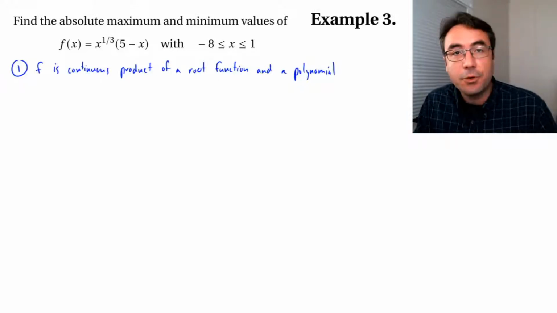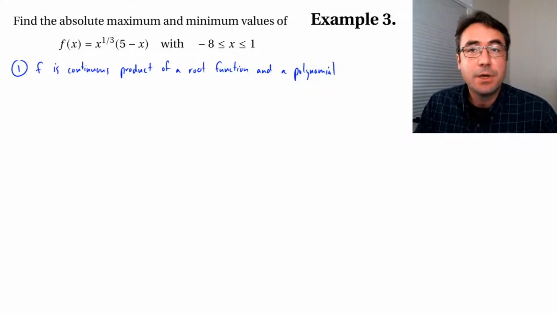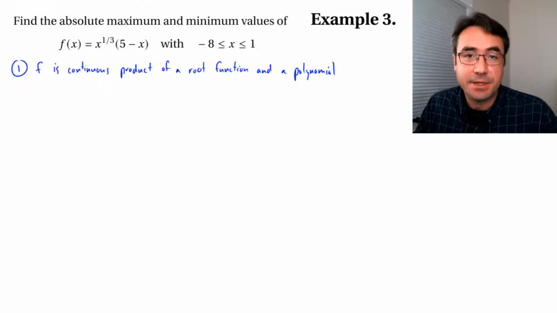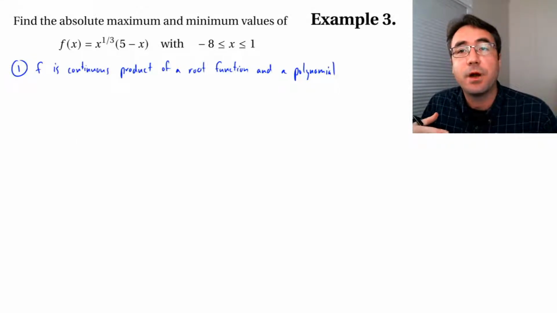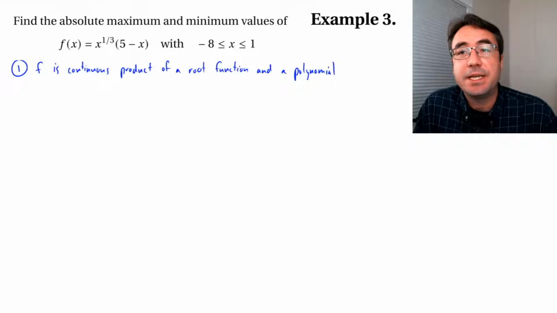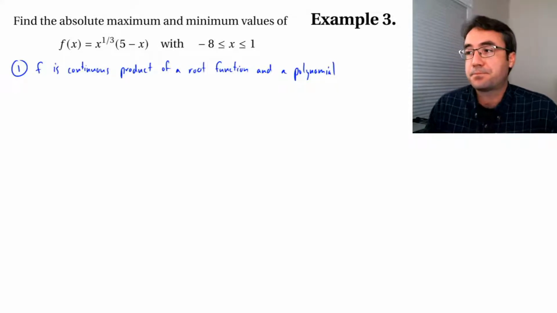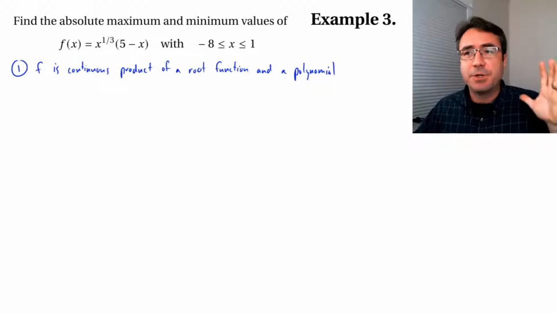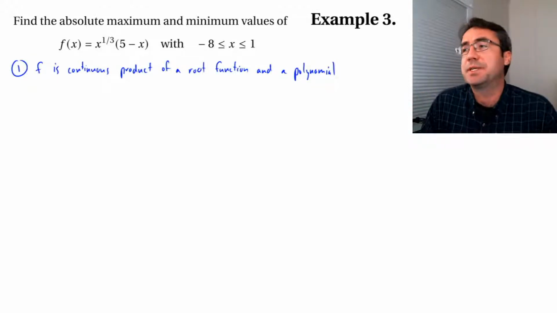And odd roots, the cube root is defined over all real numbers. 5 minus x is defined over all real numbers. So this is defined everywhere, and it's continuous everywhere. All right, so that's the first step. We just want to make sure our function's continuous.